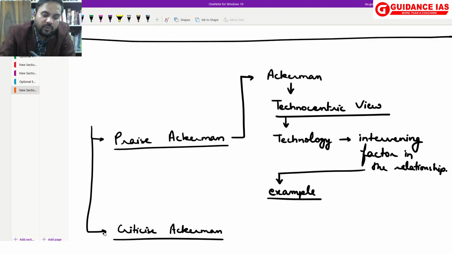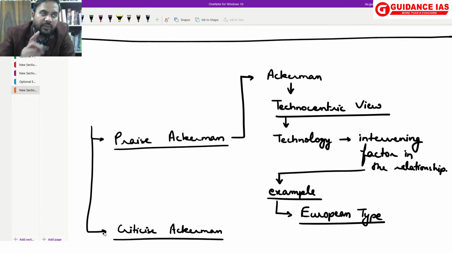You take the example of the European type. Yes, you have to draw the map which is given in the material.